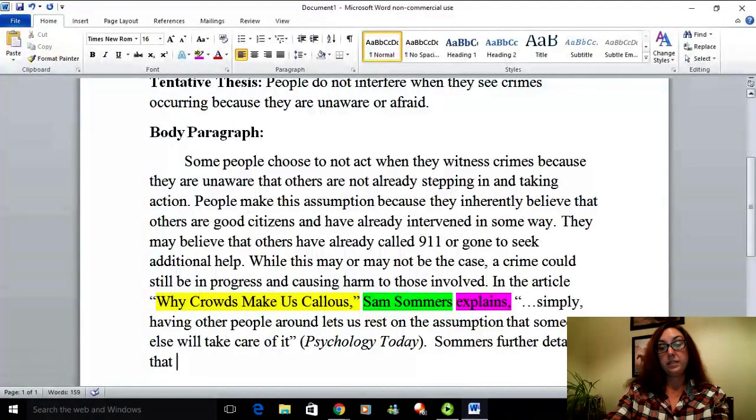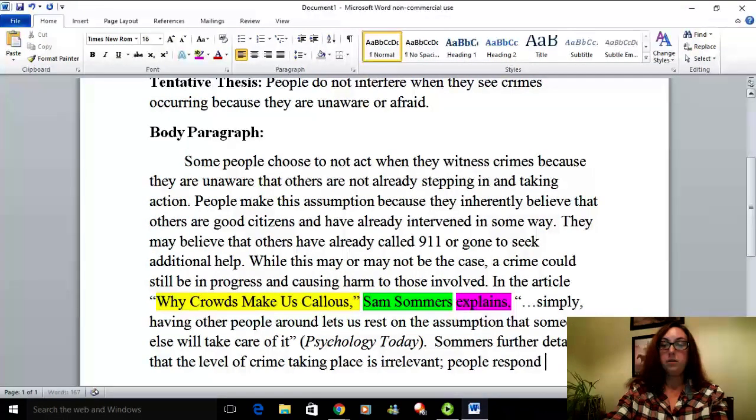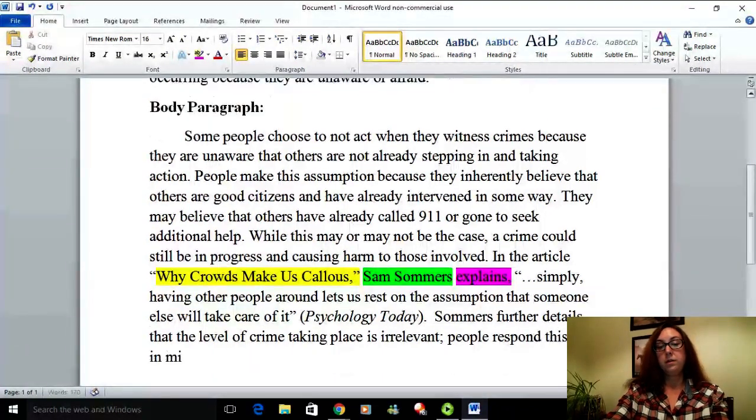So Summers further details that place is irrelevant. People respond this way in minor and major situations.